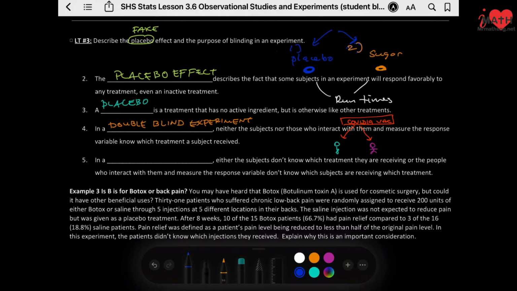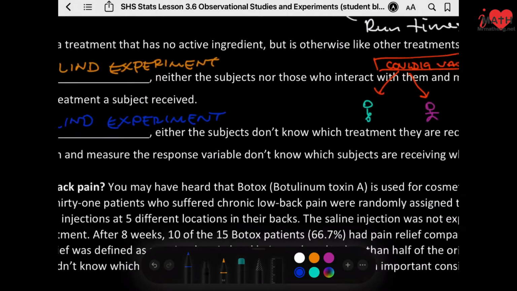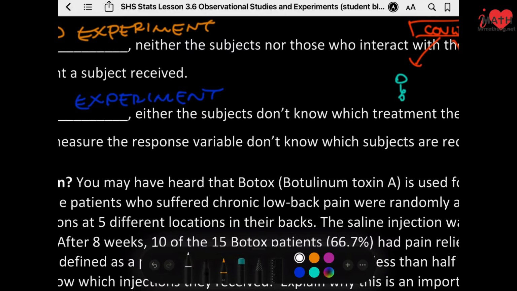In a single blind experiment, either the subjects don't know which treatment they're receiving, or the people who interact with them and measure the response don't know which subjects are receiving which treatment. So let's do another one. Water. I have done this experiment before. Let's just say I give you bottled water. I give you water from the tap.